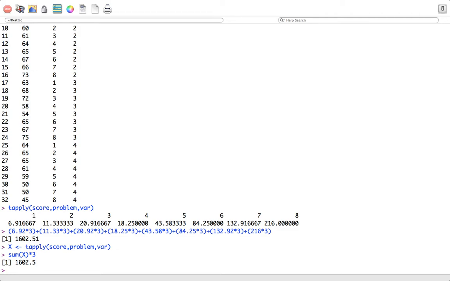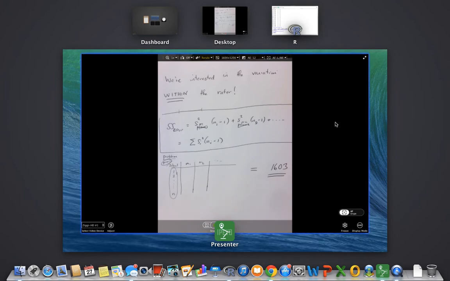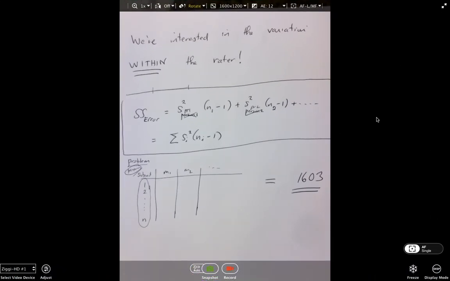Okay, gang. Anyway, we can see that the sum of squares for the error is 1603.